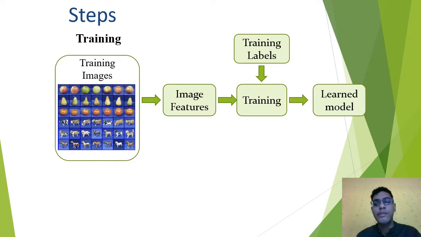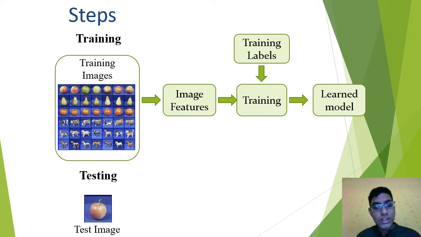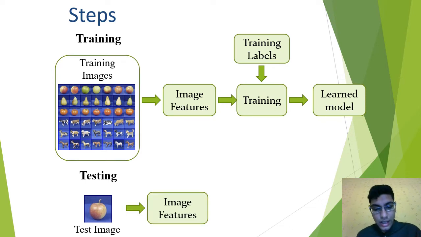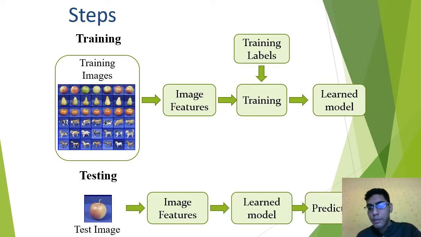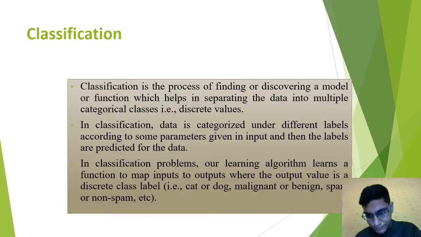The model of training will be learned, and that's how it will work in testing. During testing we will take an image of an apple which we did not take before, then it will be the test image, the image will be featured, it will go through the learned model process, and then the prediction will be made by the machine.